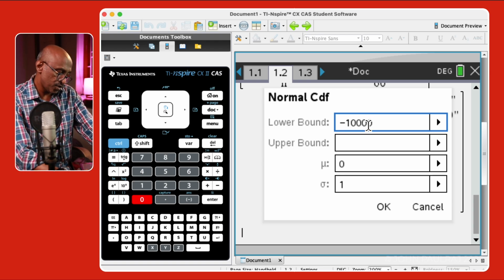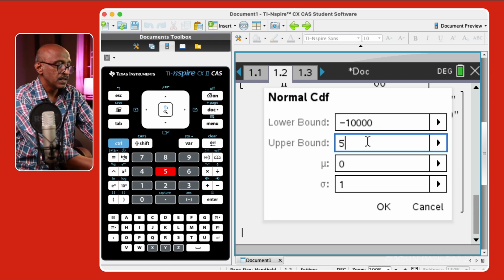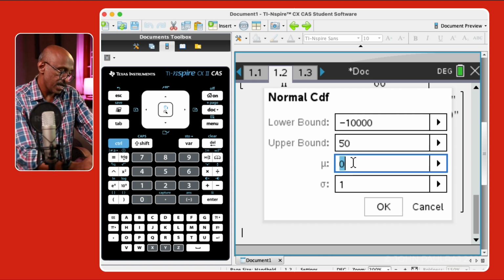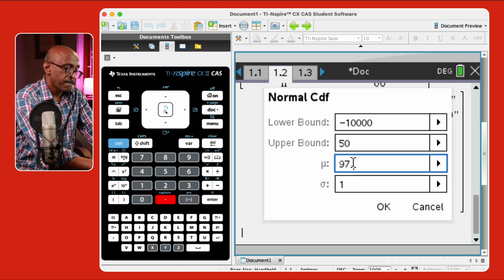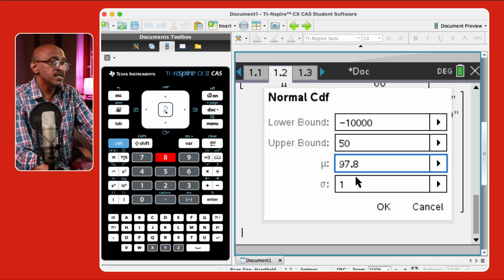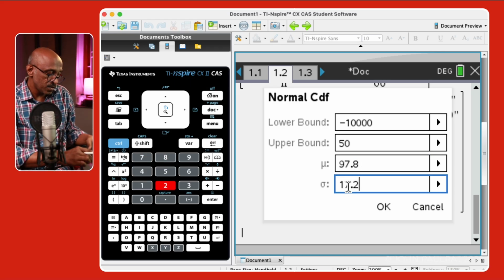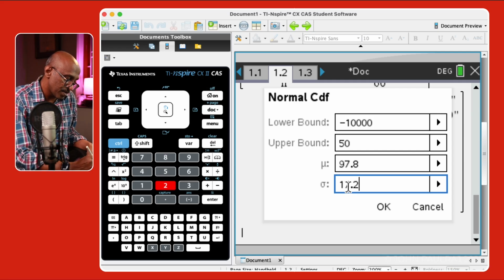The upper bound should be 50, mu is 97.8, and sigma is 17.2. Make sure you copy this down. It's always a good habit to show the examiner what you have entered. I'm just going to show that quickly.